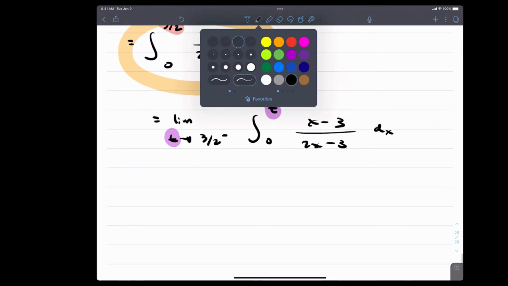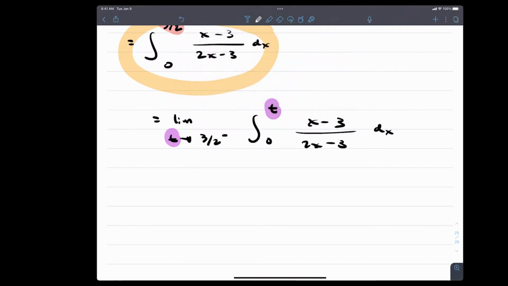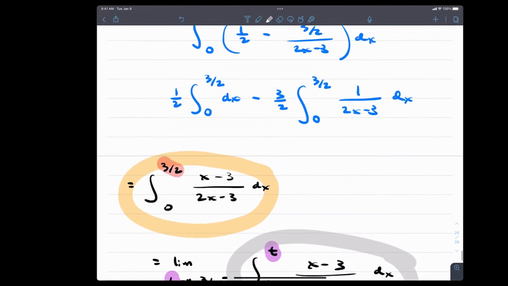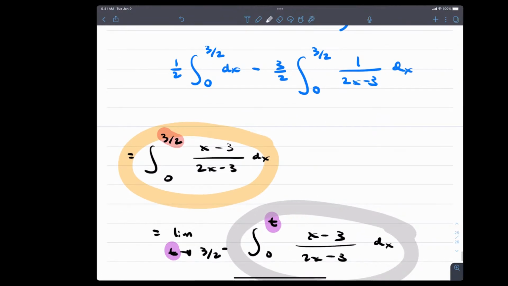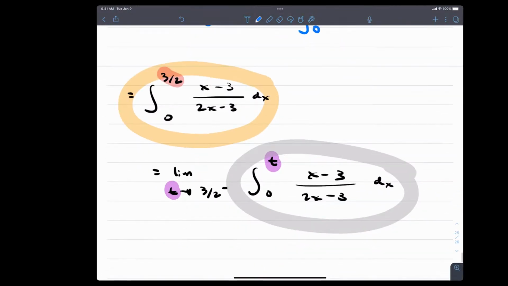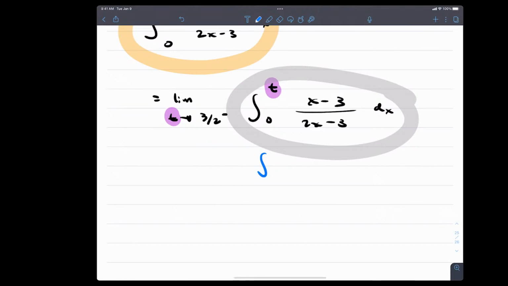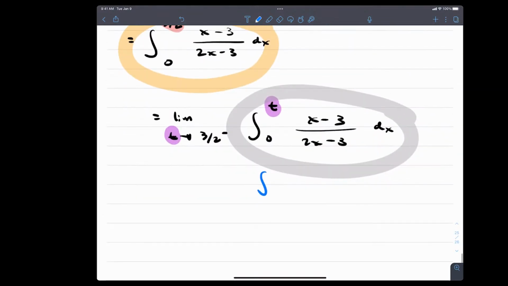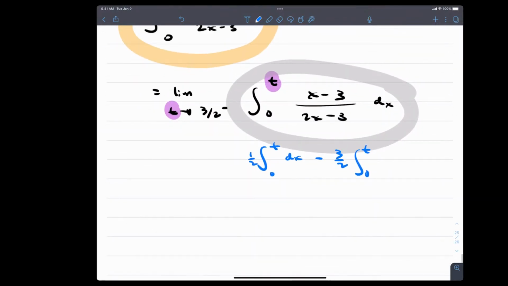So we know already what this will be. That integral is what we see right here: the integral of 1/2, 0 to t dx, minus 3/2, 0 to t, 1 over 2x minus 3 dx.